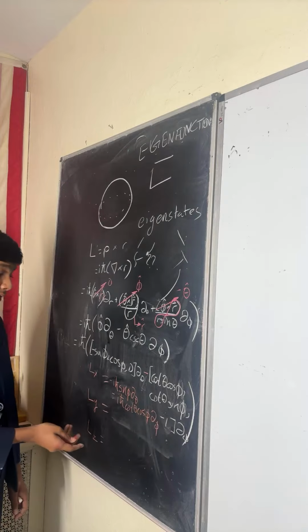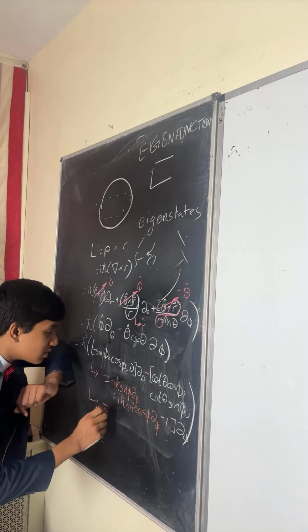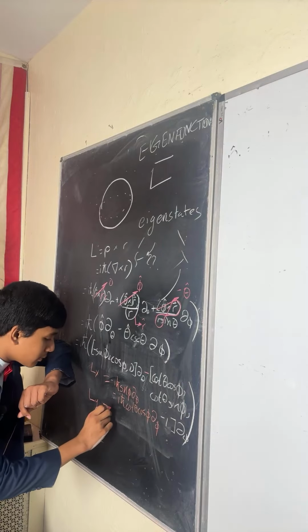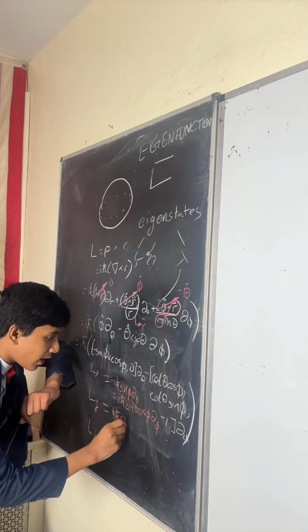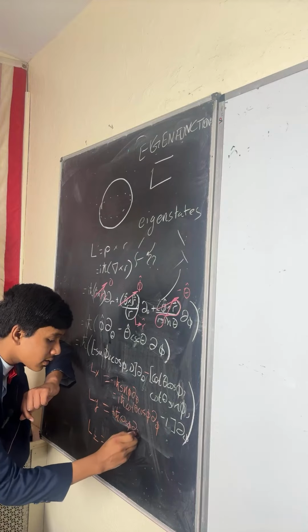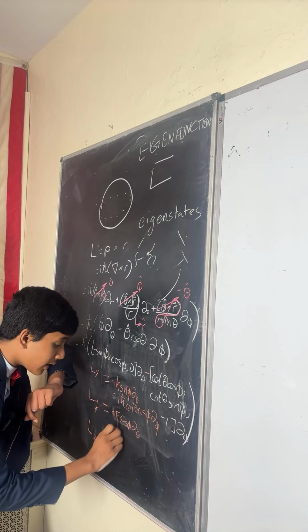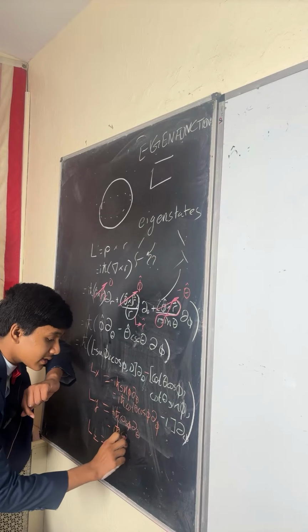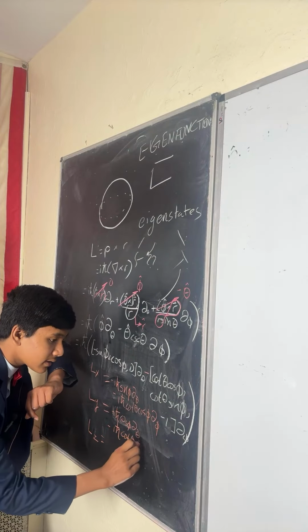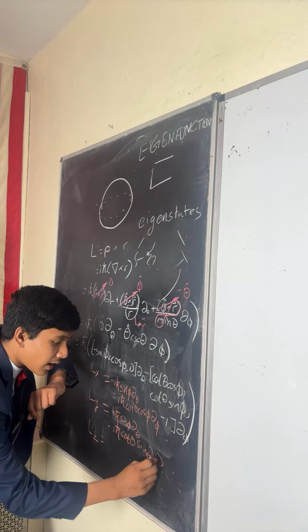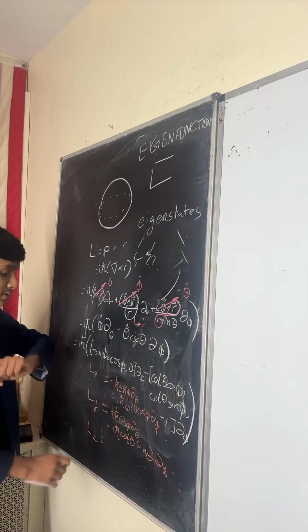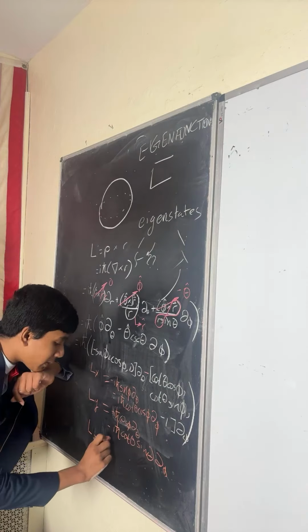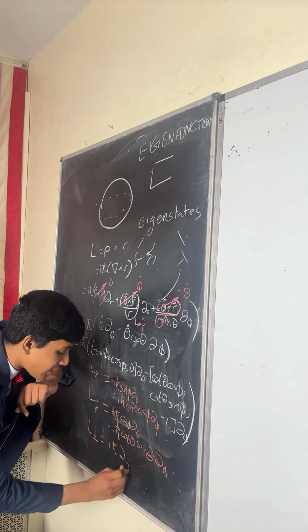Then for Ly instead, you have minus i h bar cosine phi partial theta minus i h bar cotan theta sine phi partial phi. And the z component is just i h bar partial phi.